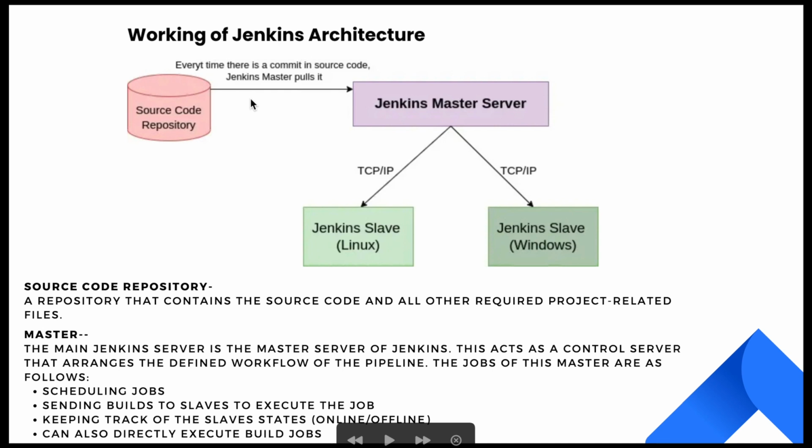Whenever there is a new commit, it takes the change and builds it according to the jobs. Once the jobs are configured and connected to the agent, it executes all the build steps, like compile and package, and then even executes the test cases. This is the flow from source code to master server and from master server to agent server.